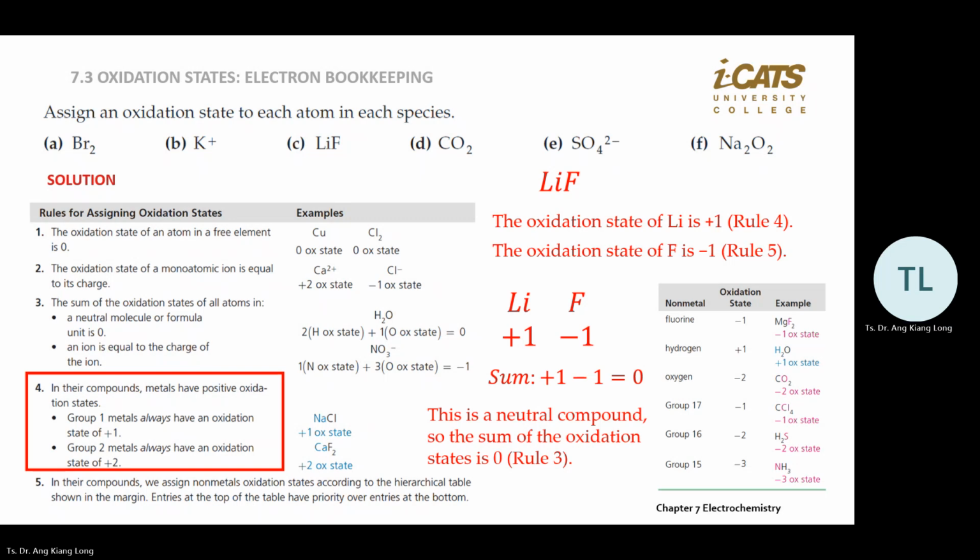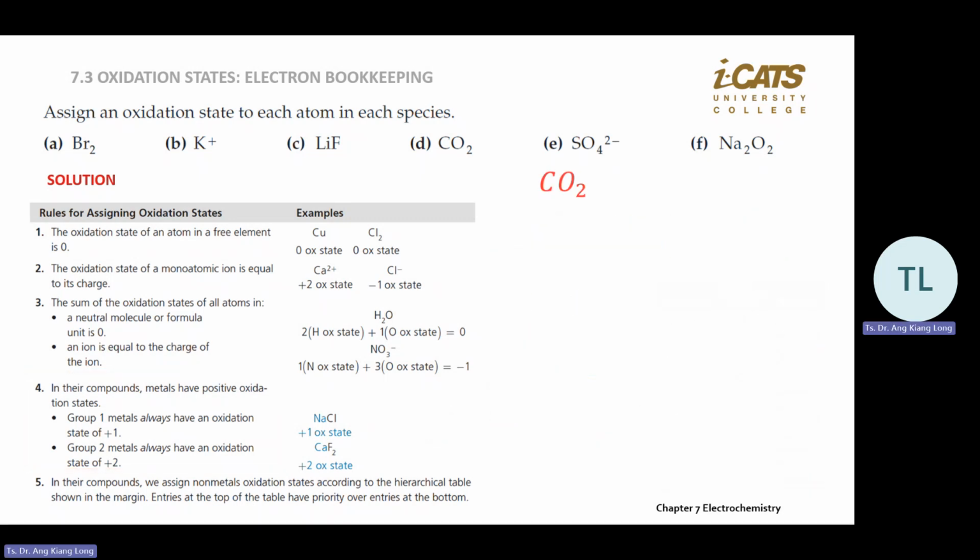Okay, good. Now we move to another example, CO2. You look at CO2, does it have a charge or not? No charge, right? CO2 has no charge. So you know that when you do the net of the oxidation states, you get 0.